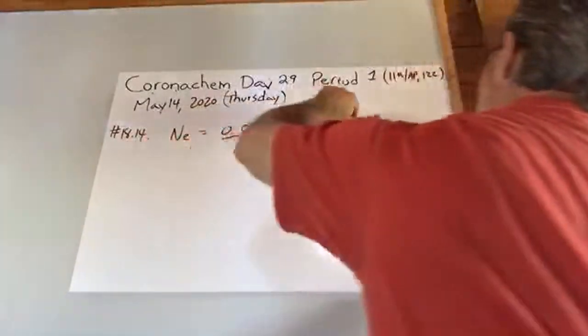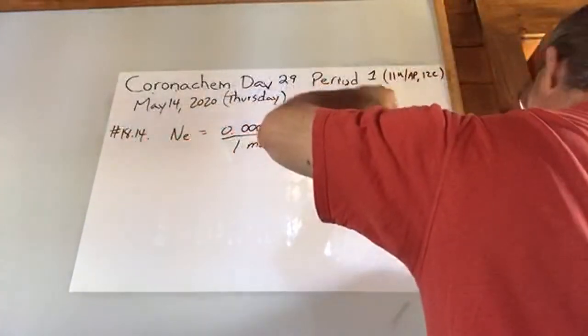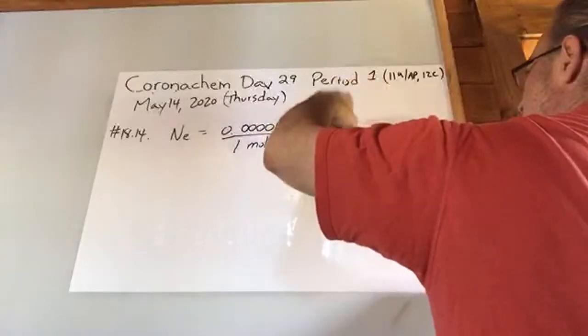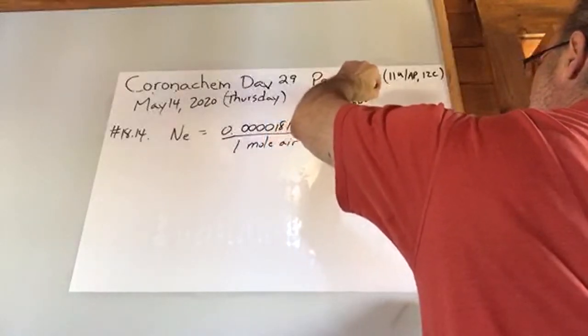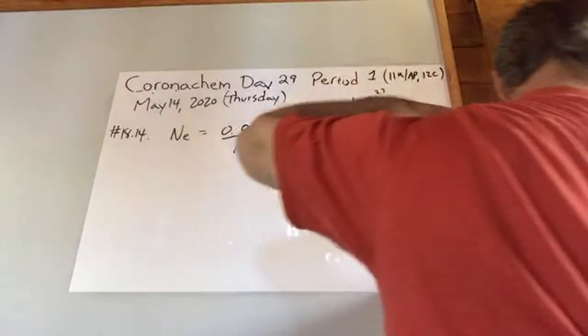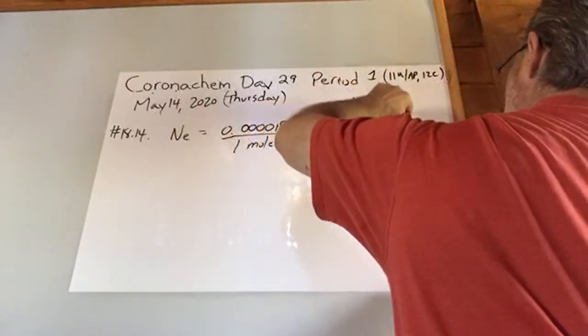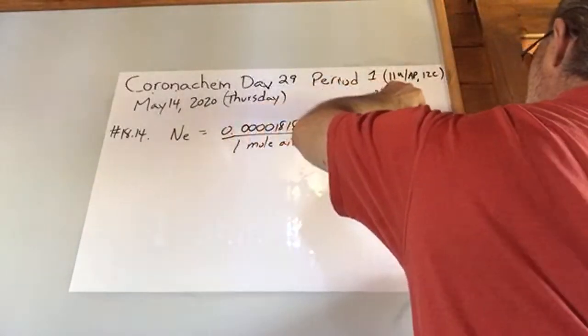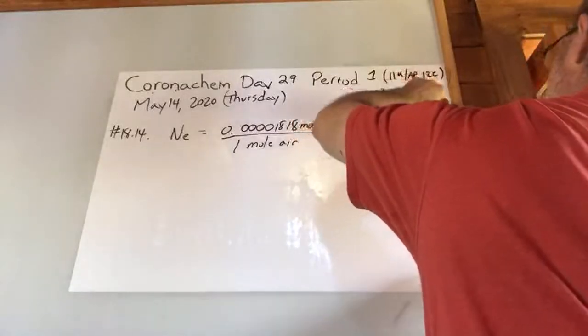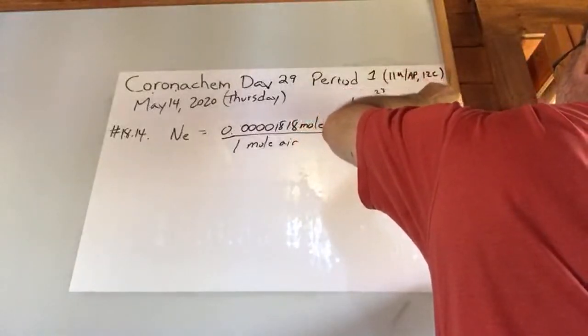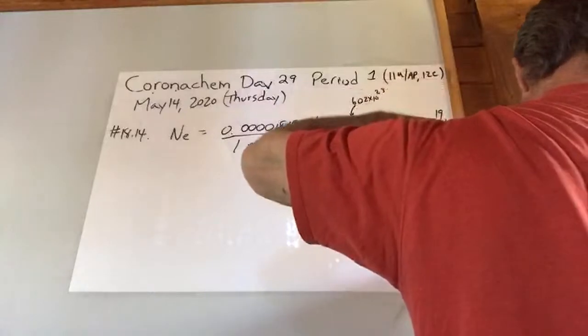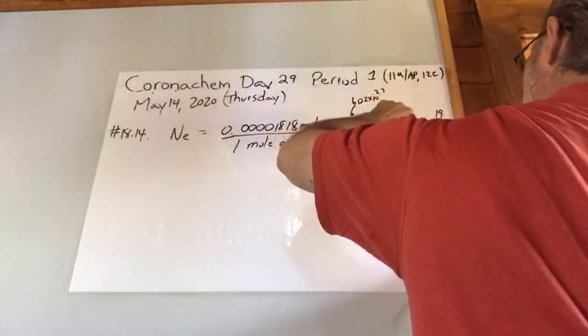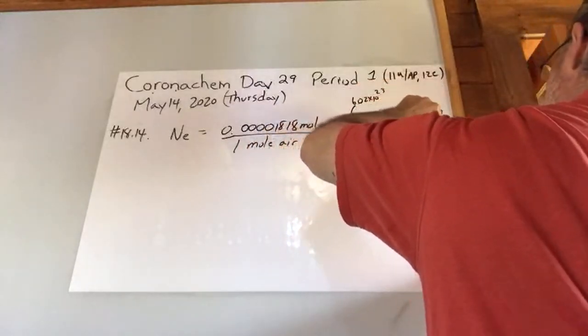If you multiply that by Avogadro's number, 6.02 times 10 to the 23 in case you don't know, it gives you 1.0948 times 10 to the 19 atoms per 6.02 times 10 to the 23 atoms.